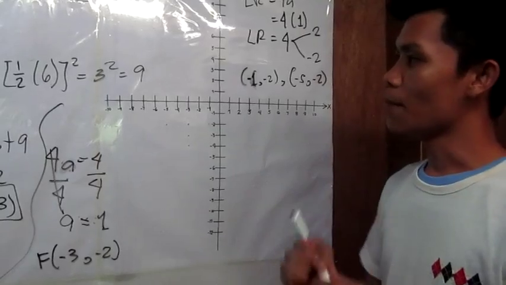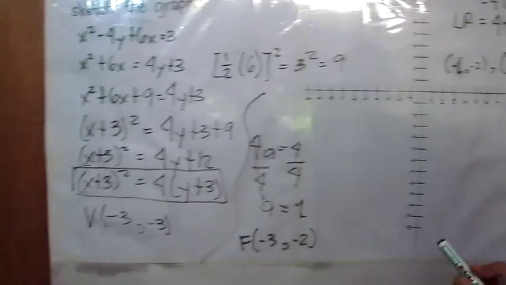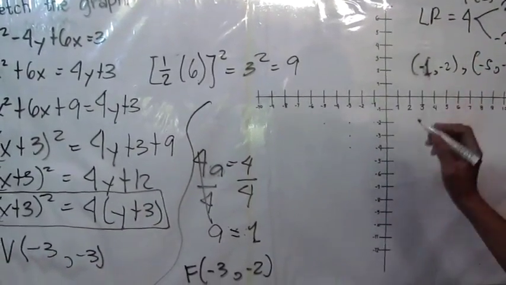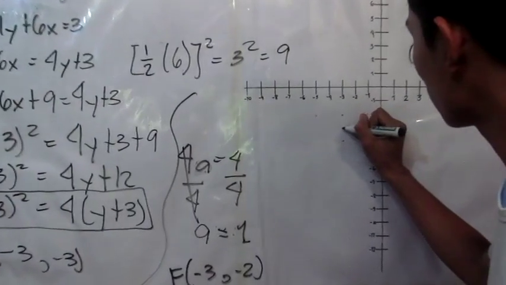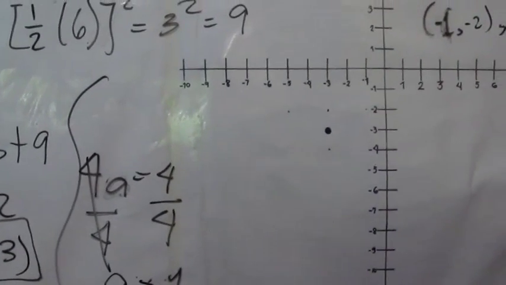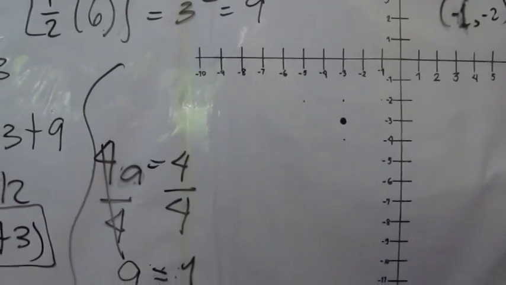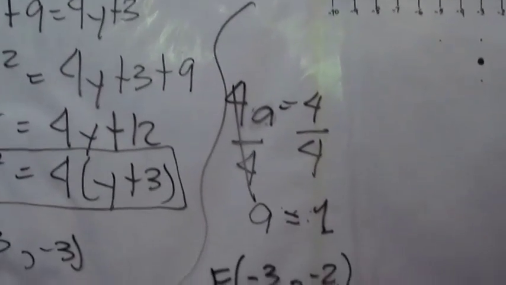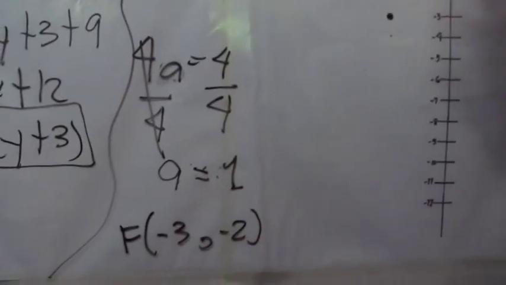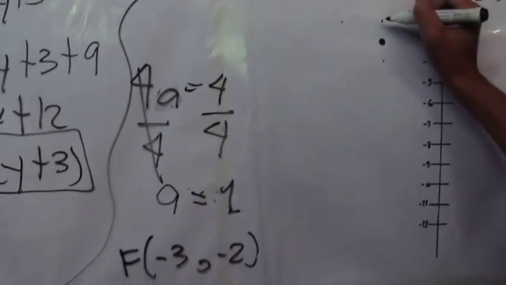parabola. Okay, first we are going to locate our vertex, negative 3 and negative 3. Negative 3 on the x-axis and negative 3 on the y-axis. Okay, it is somewhere here. And next we're going to locate our focus, negative 3 and negative 2. Okay, somewhere here.